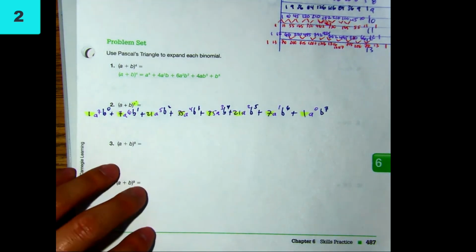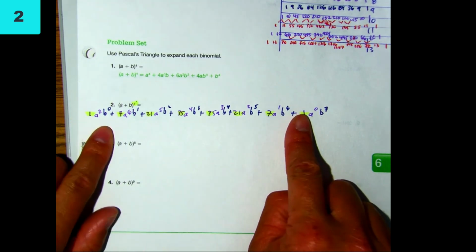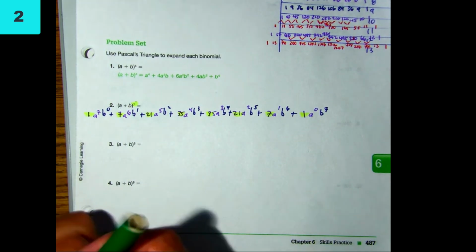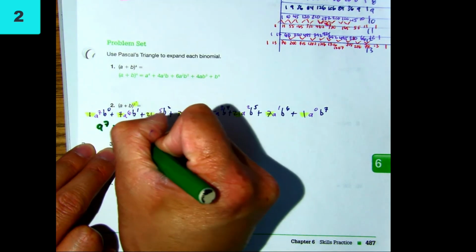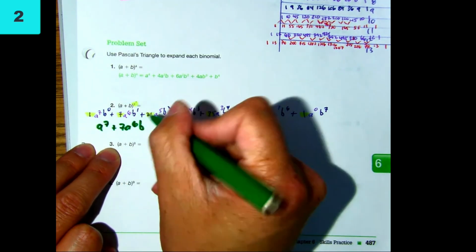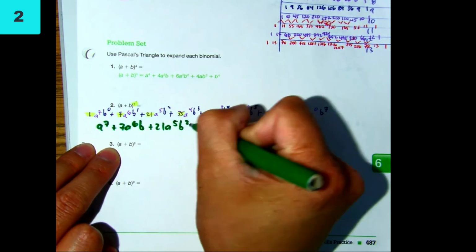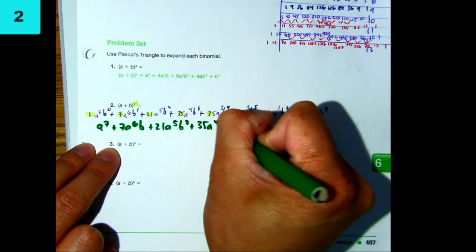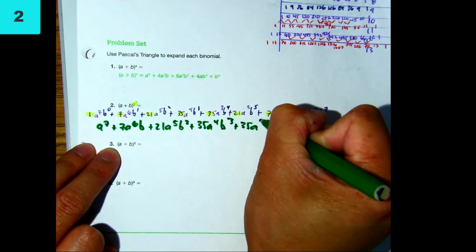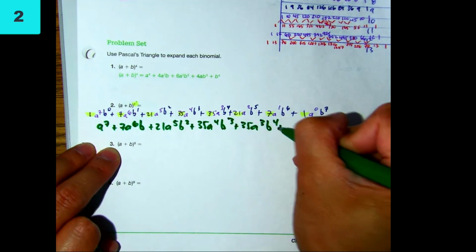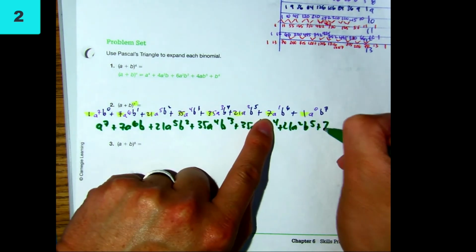And if you wanted to make it cleaner, you can just take off all the 1s and the a to the 0s. So this would be a nice clean answer. a to the 7th plus 7a to the 6th b, 21a to the 5th b to the 2nd, 35a to the 4th b to the 3rd, 35a to the 3rd b to the 4th, plus 21a squared b to the 5th, plus 7a b to the 6th.